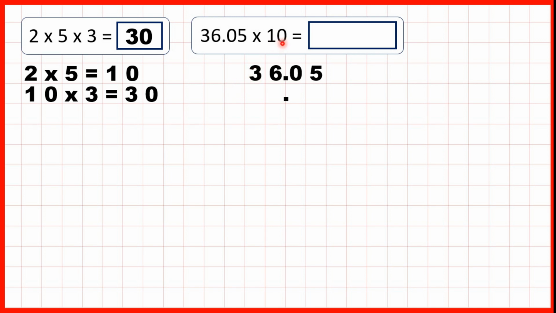And we're multiplying by 10, which has a 1 and a 0, so the digits move 1 place to the left. So we can move this 3 down 1 square to the left, do the same with this 6, this 0, and this 5, and we have our answer, 360.5.